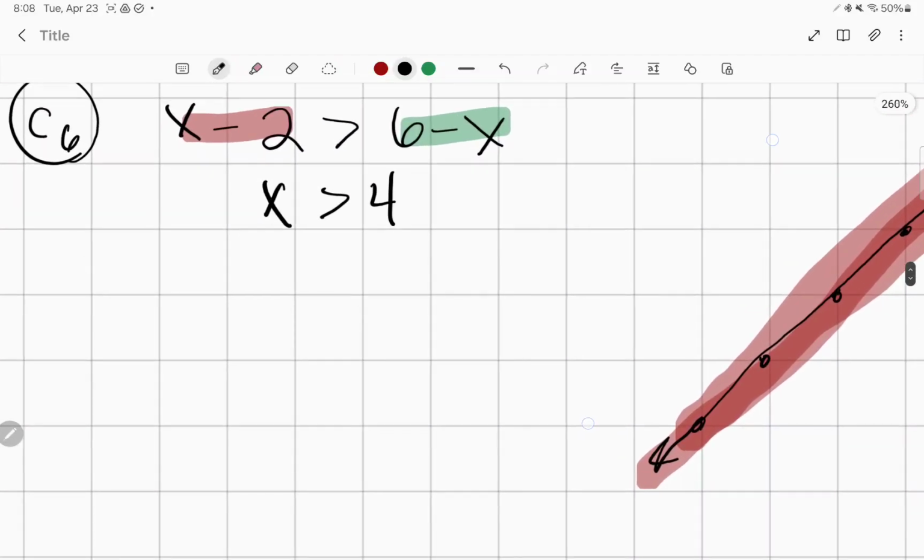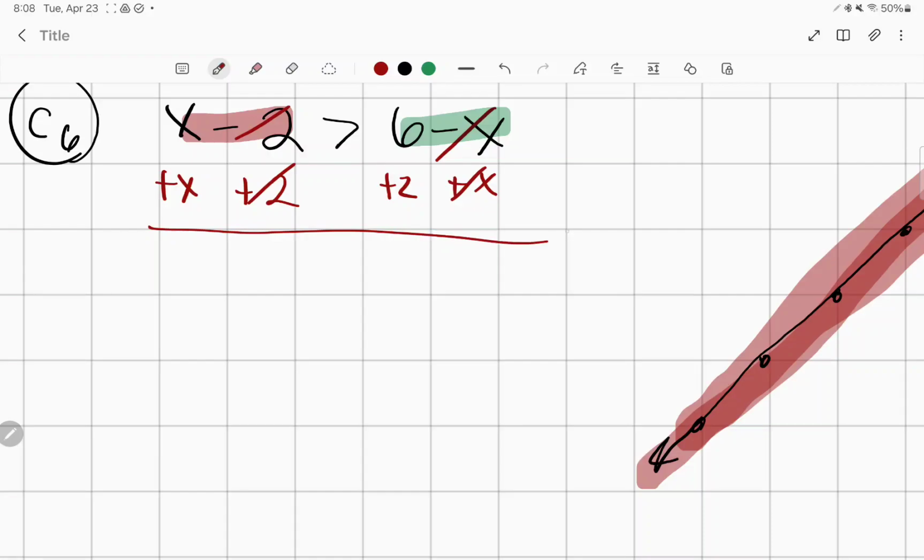And again, for this one, if we didn't have the graph, we could go through and solve it just like before. Plus 2, plus x. That gets rid of those there. And then you would have 2x is greater than, because you just carry that down, 8.